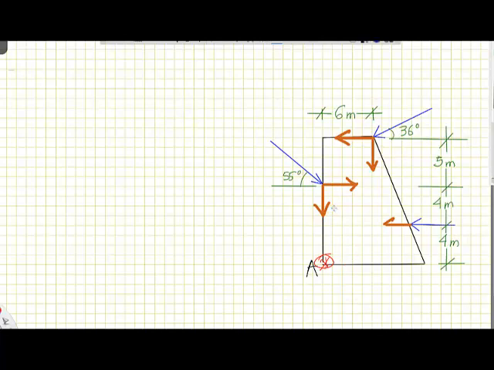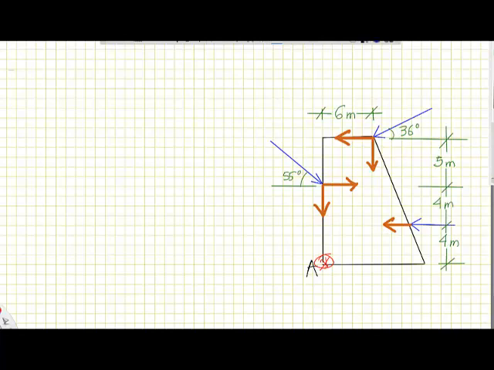And for F3y, it is passing through the point, so it will make no rotational effect, so we don't even need the distance for it. The distance for it is equal to 0. Now for F2, we have the perpendicular distance for this force.